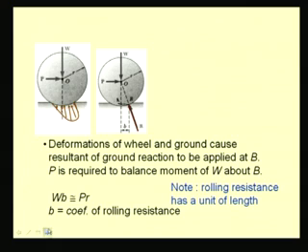And we can easily see that this has a unit same as the unit of length. We know that the coefficient of friction does not have any unit, but the coefficient of rolling resistance has the unit of length.